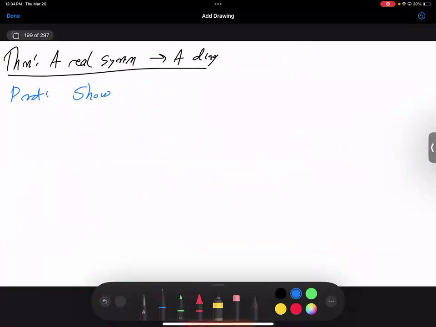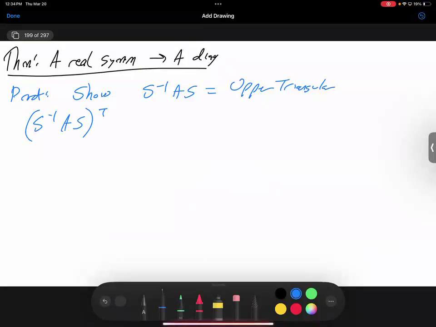Show you can get S inverse AS equals upper triangular. So here S is going to be Q.